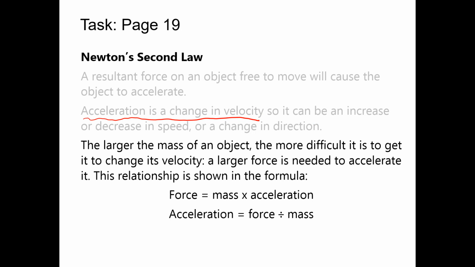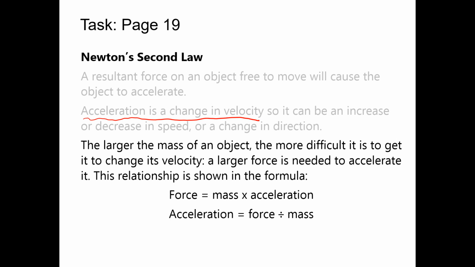What we now have then is this idea of Newton's second law. If we apply a force to an object, it will accelerate. Its velocity will change. However, the larger the mass of an object, the more difficult it is to get it to change its velocity. Again, this kind of makes sense.